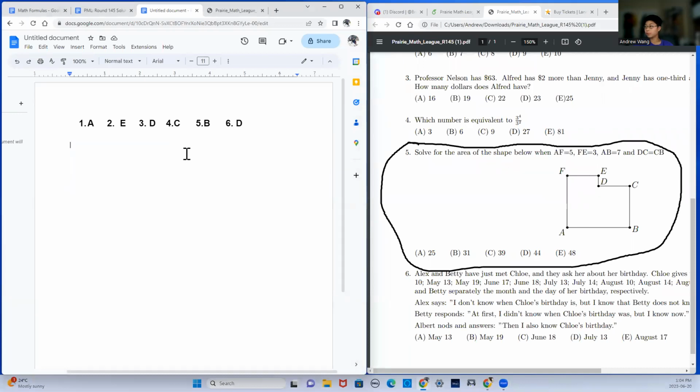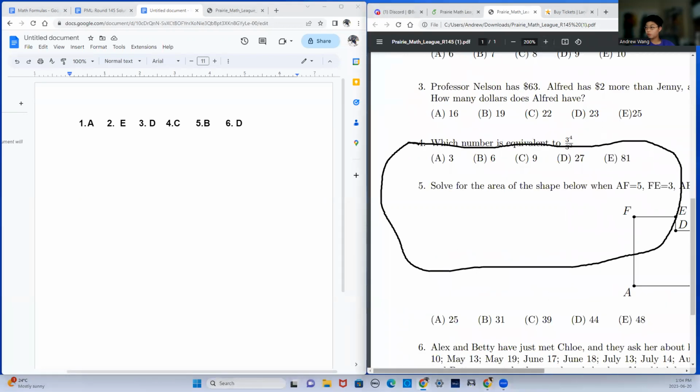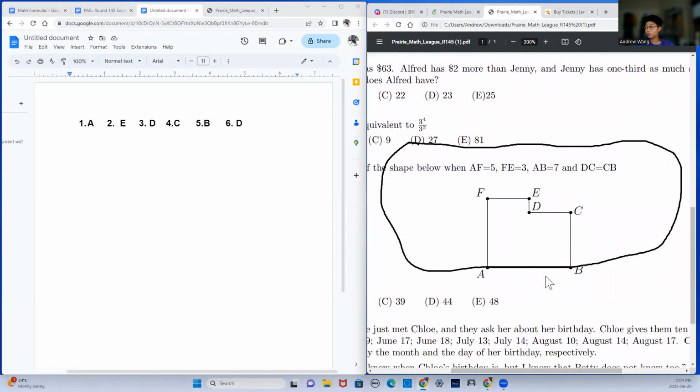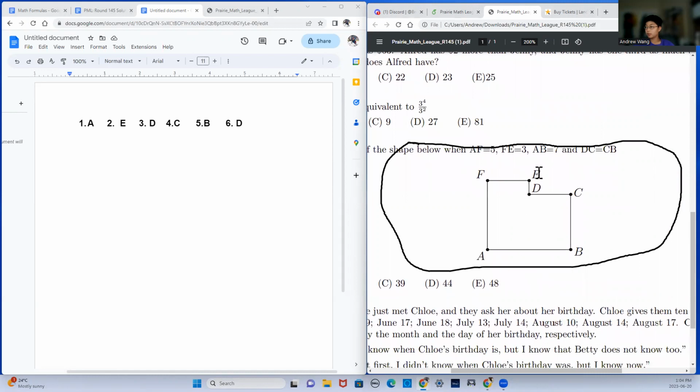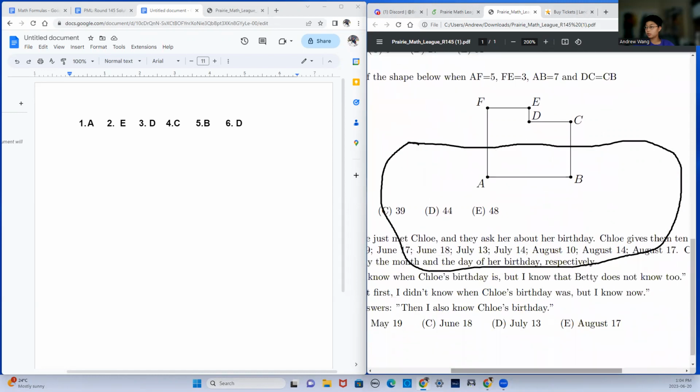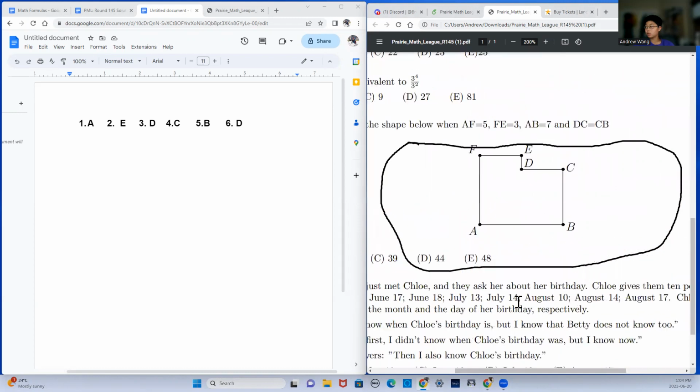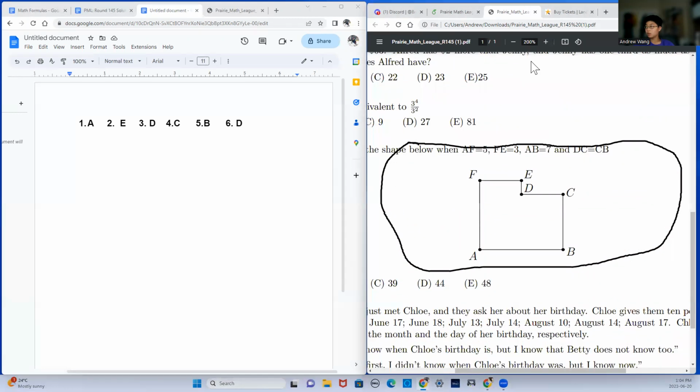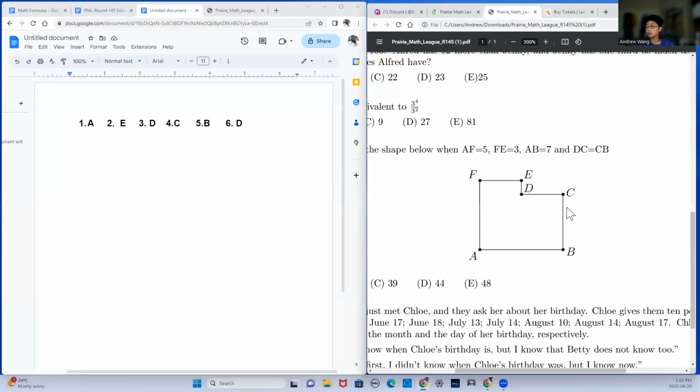So solve the area of the shape below when AF equals 5, FE equals 3, AB equals 7, DC equals CB. So I can zoom in a bit more if it is needed. And basically it is this question. Just gonna clear this. So this is the diagram.